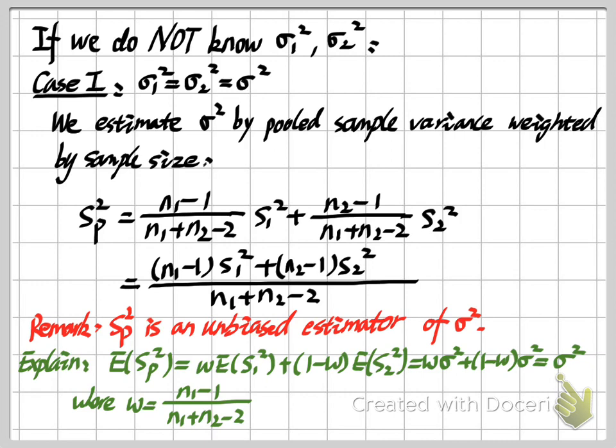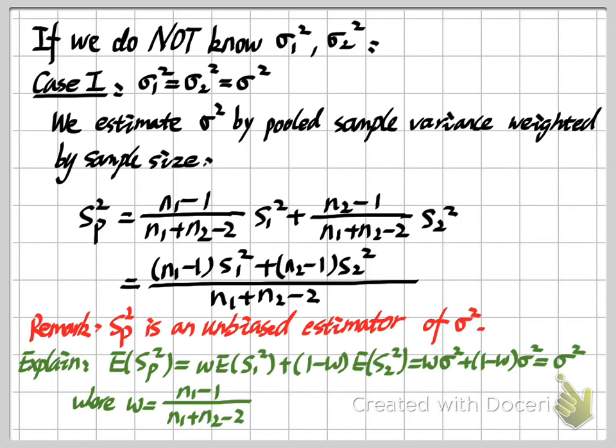Here I use this green color to write our explanation. Of course, we know there is a linear property of our mean, right? So when I denote (n1 minus 1) divided by (n1 plus n2 minus 2) as W, we can use the linearity of our mean to rewrite the expectation of our S square P as this equation.